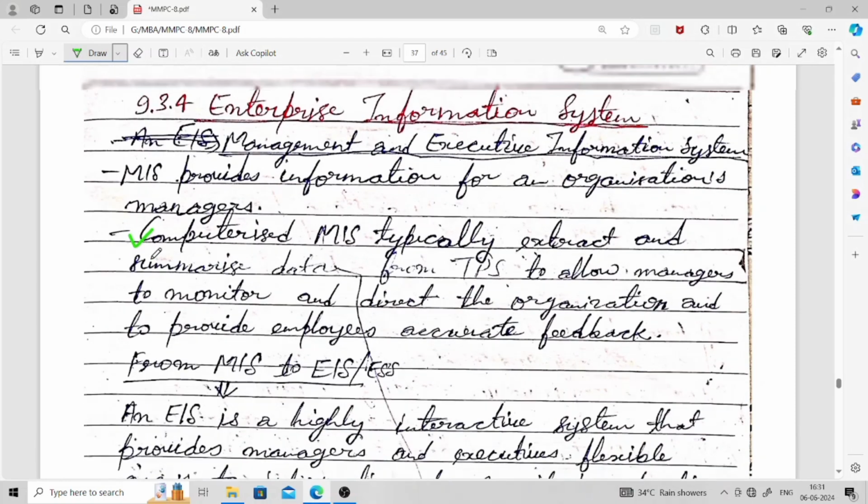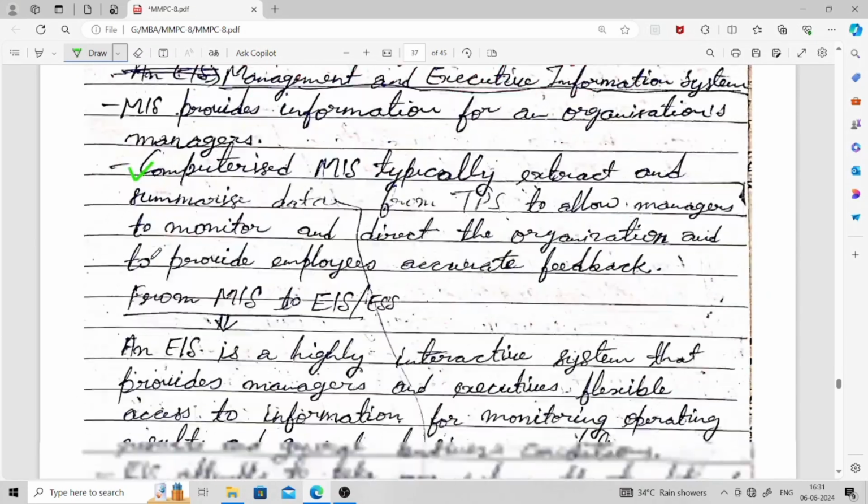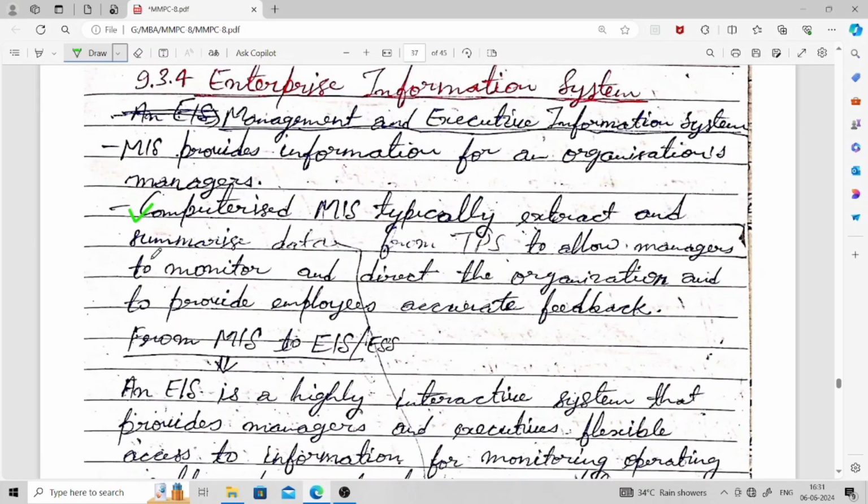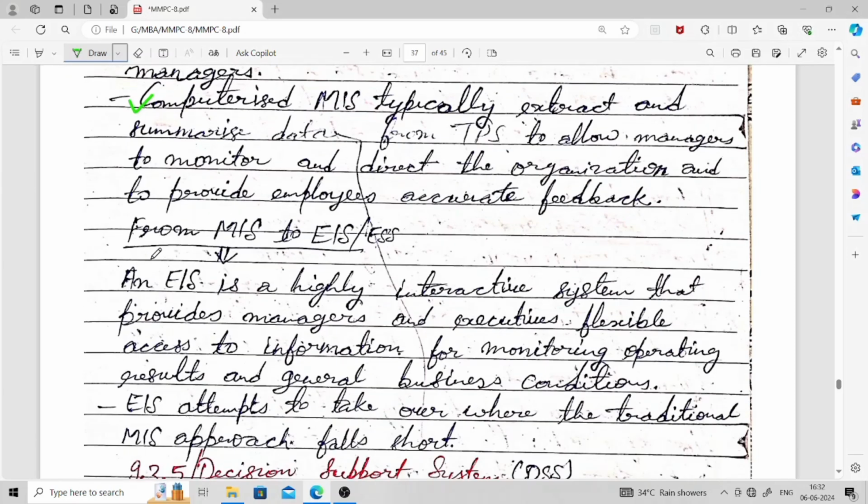And here it is enterprise information system we are talking about, from MIS to EIS. So enterprise information system means management and executive information systems. Management information system you got. Now EIS. An EIS is highly interactive. EIS means executive information system, a highly interactive system that provides managers and executives flexible access to information for monitoring operating results and general business conditions.